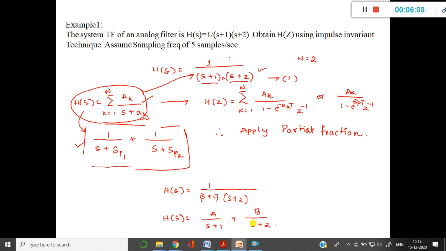So find out the values of A and B. How do you find them? That is where 1 is equal to A into (s plus 2) plus B into (s plus 1). 1 divided by (s plus 1) into (s plus 2) is the H(s) equation, so this is going to be written as A divided by (s plus 1) plus B divided by (s plus 2).